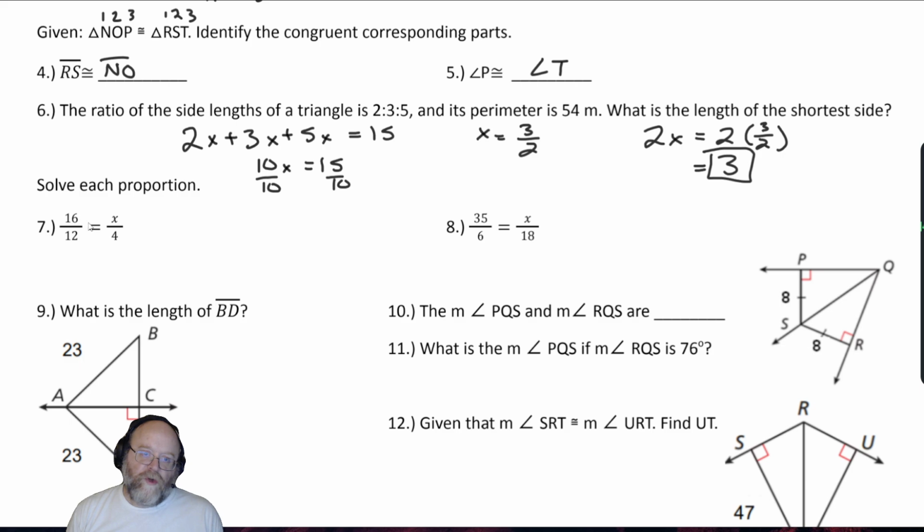Okay, solve each proportion. You can cross multiply. 16 times 4 is equal to 12 times x, or 12x. Okay, 16 times 4 is 64.